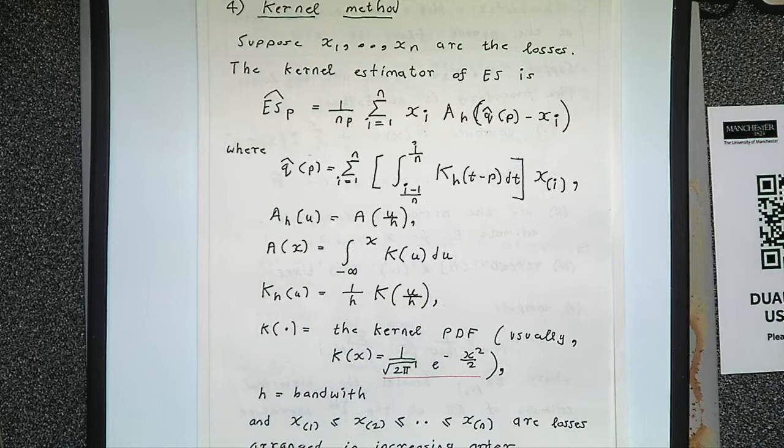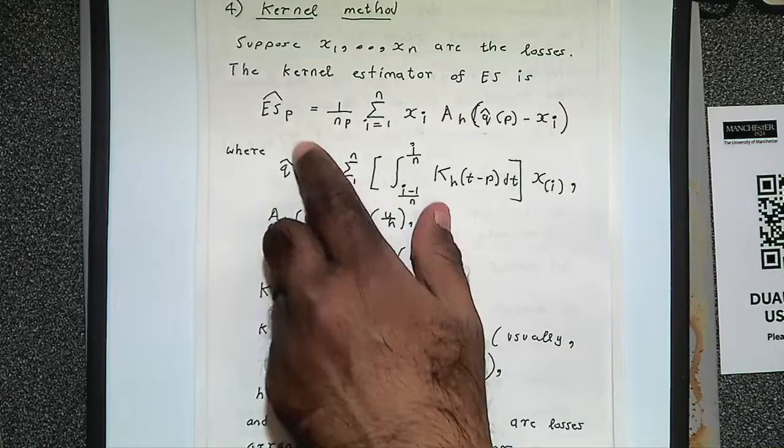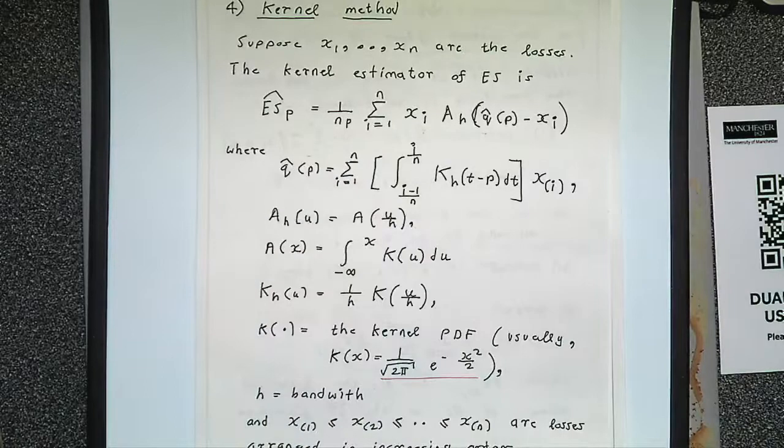Okay. All right, guys. So although it looks pretty complicated, it's not difficult to code. I think, if I'm not mistaken, there are some functions in R that can compute this formula for you, so you don't need to.